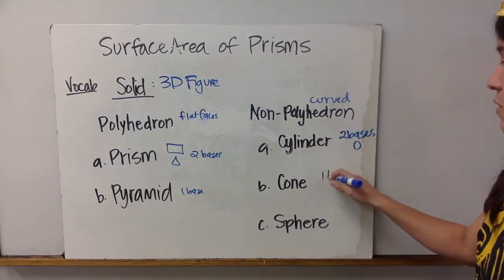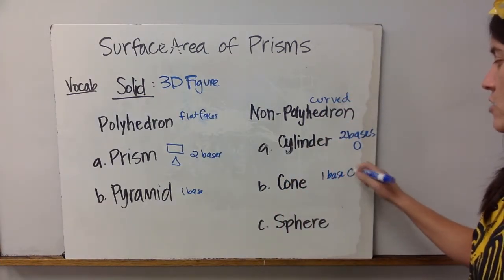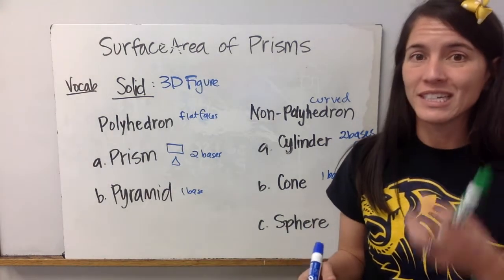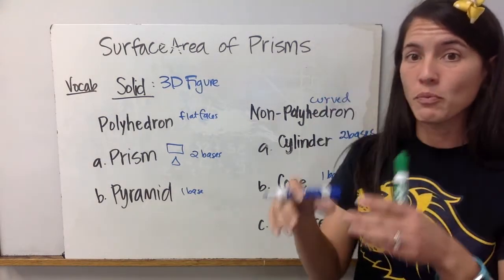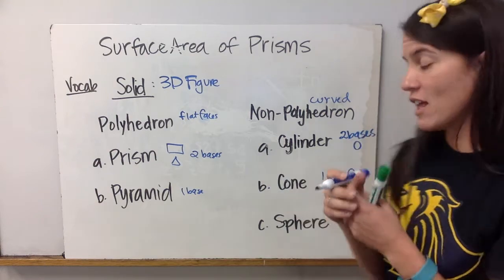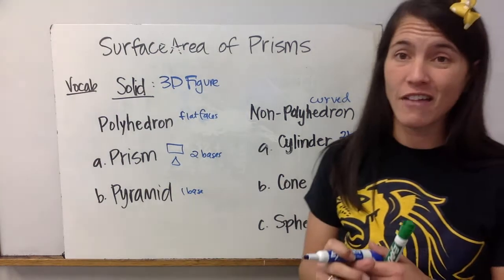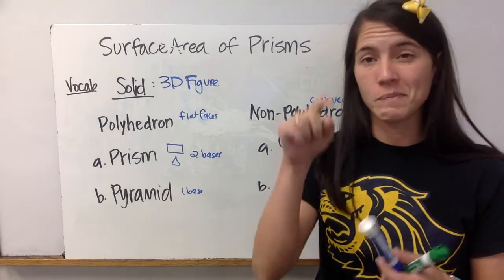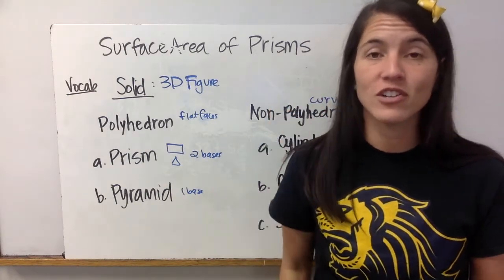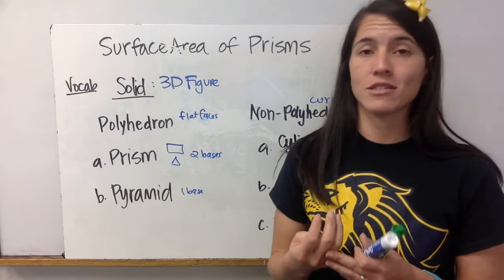A cone has one base, that's a circle. So a cone has a circular base, and then it comes up to a point. And then a sphere is kind of like a ball. A sphere doesn't have a base at all. The definition of a sphere is points that are equidistant from the center.